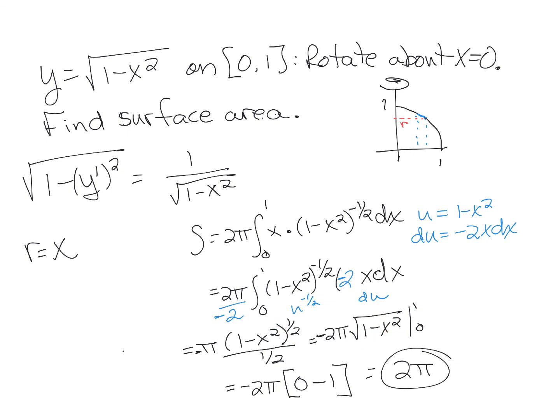When I plug in a 1, I get 1 minus 1. That's a 0. When I plug in a 0 to a substitution integral, it doesn't go away. I plug 0 in here, I get the square root of 1, which is just 1. So that minus sign on the front is going to get canceled out here, and we end up with a positive 2 pi surface area.